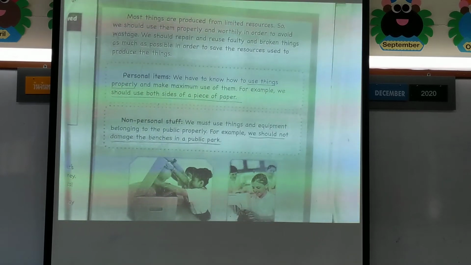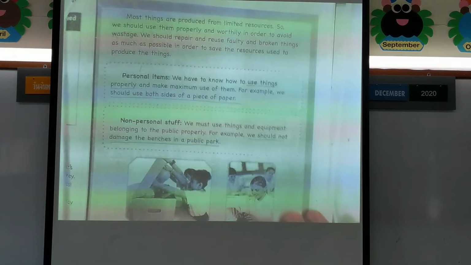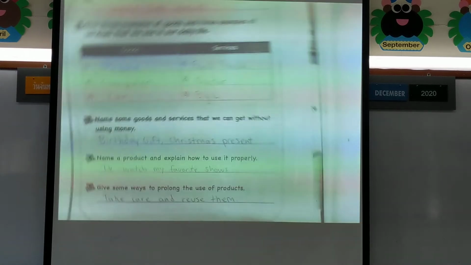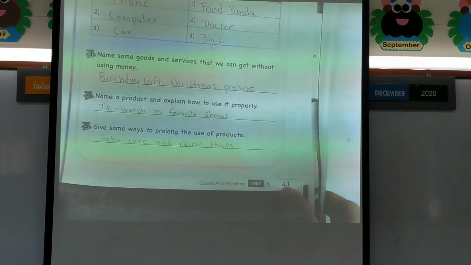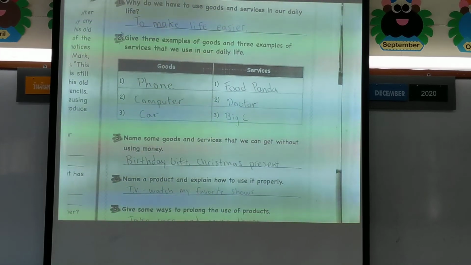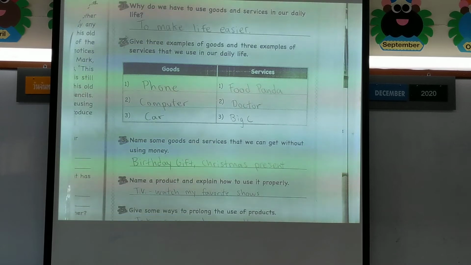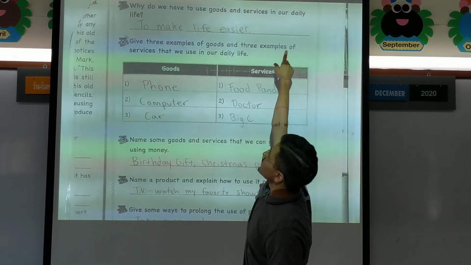Let's go to page, let's see here, page 40. So we turn the page in your book. And go to page 41. You see? Page 41. Why do we use goods and services?